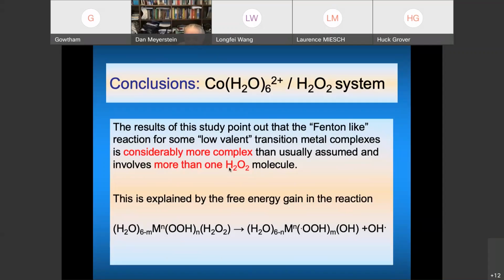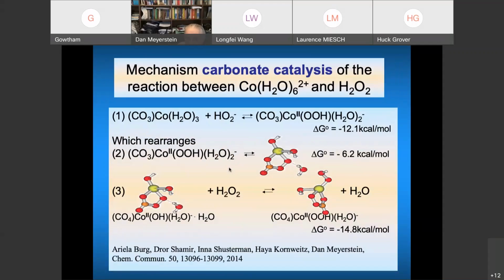On the next slide, and this is how we got into this, I was asked by a student to do something which is of environmental importance.